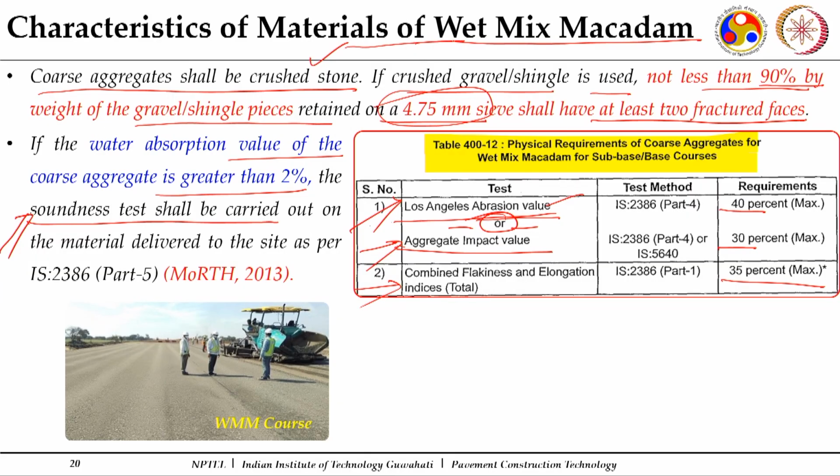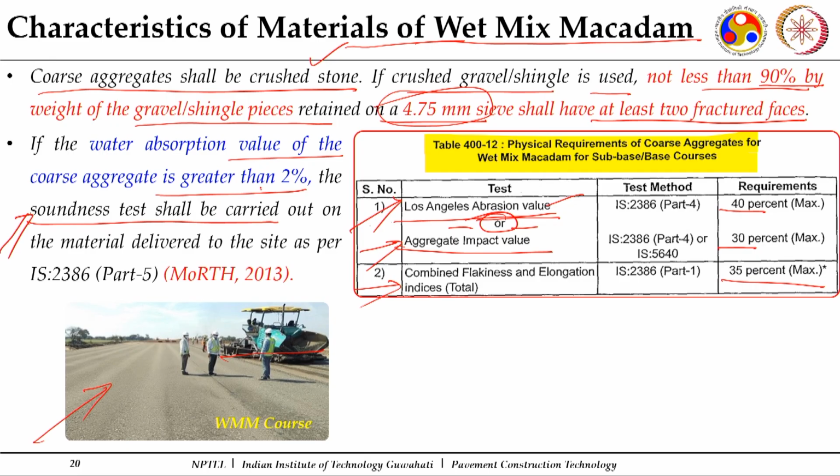So, when these aggregates have water absorption of more than 2% and are to be used as wet mix macadam in the construction of a base course, a paver is used for laying the wet mix macadam layer and compaction. We will discuss more about them when we discuss the construction aspects.